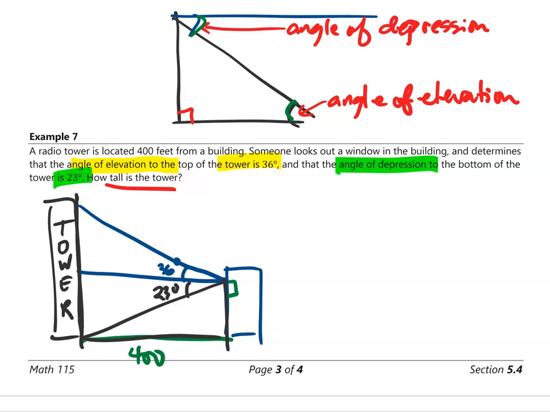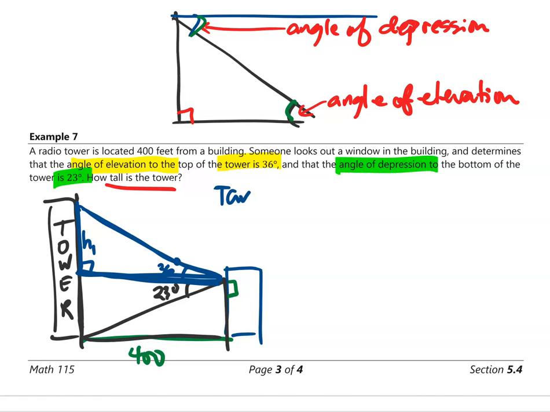So look at this. We have two right triangles. The first one here, we use the blue triangle here. We have this angle of elevation, which is 36 degrees. And we know that this is 400, because that's the distance from the tower to the building. And we can solve this. Let's say this is our first height, and this is 90 degrees, so that is like opposite over adjacent.